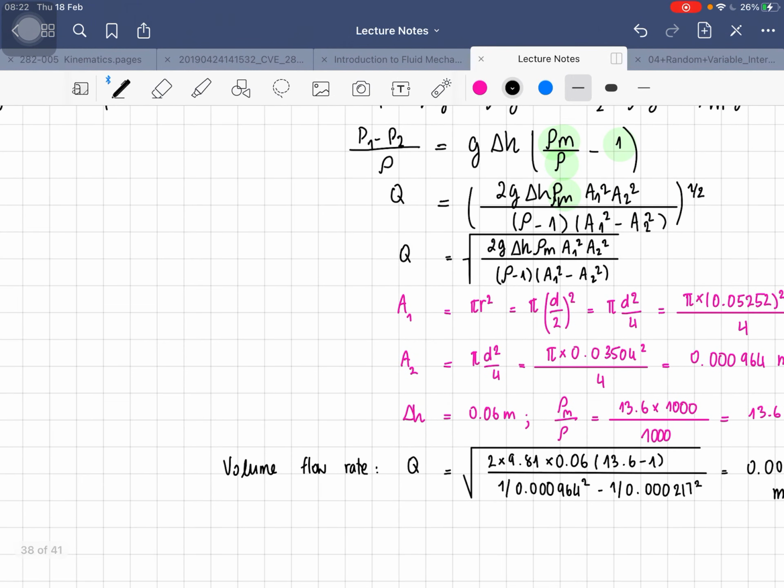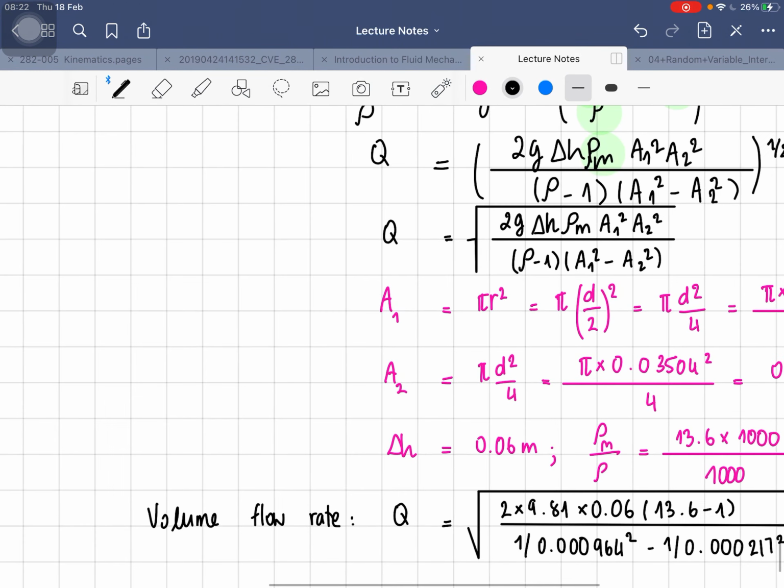Okay, so on the other hand, we can write it as this as well. It's not only like we can write in this form, so it's actually Q equals to 2g delta h, and it's all of these here over rho minus 1 over 1 over A2 square minus 1 over A1 square.